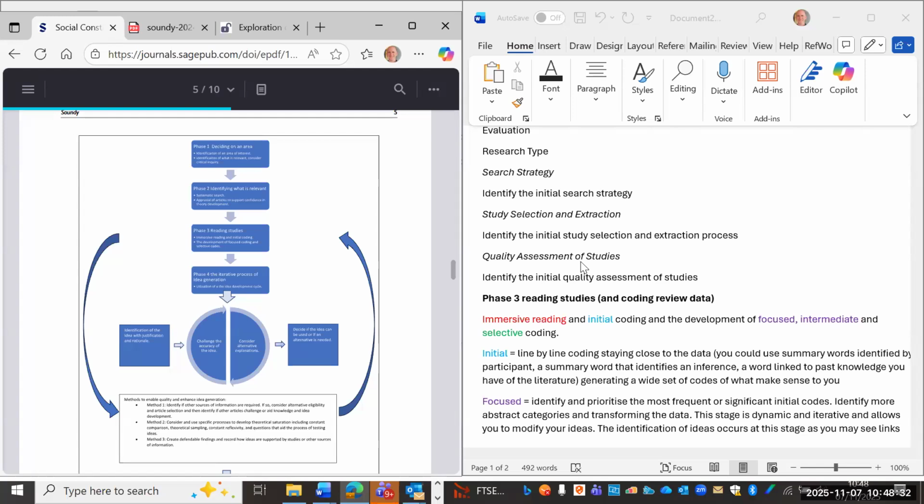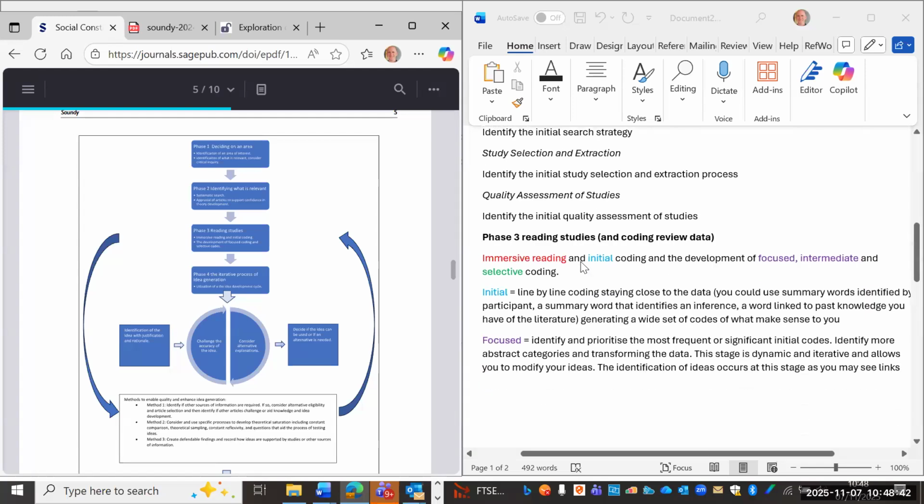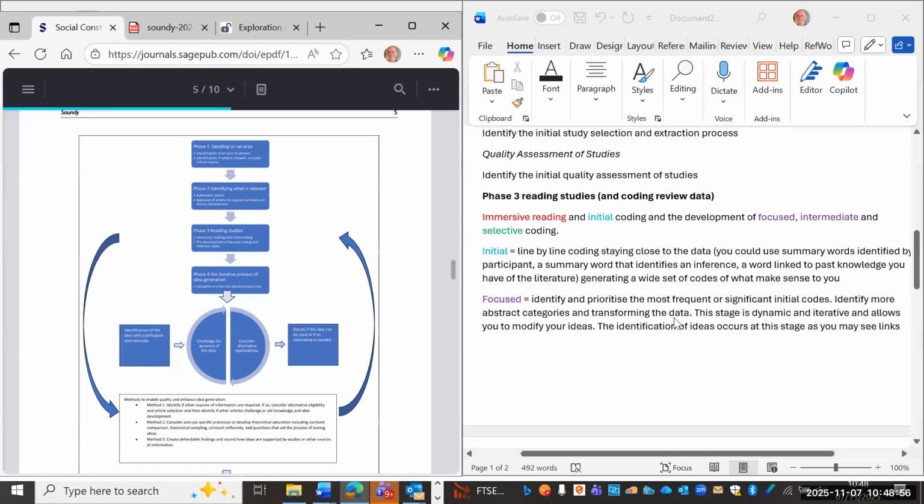Where this process starts to deviate from other types of thematic synthesis or the traditional meta-ethnography is that once we've got these articles and once we think about what we can do with the results of the articles, we're bringing in this idea of coding, mirroring social constructivist terminology and process. So what we've got there is this initial line by line coding.